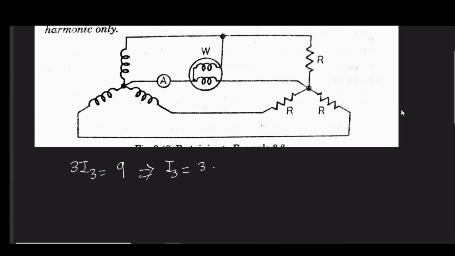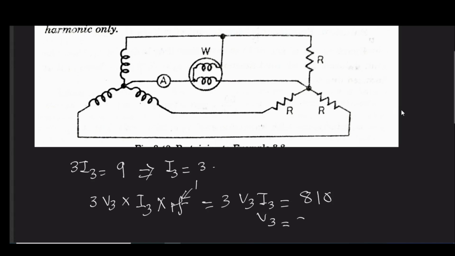Now the load is purely resistive, therefore what we know is that the third harmonic voltage cannot interact with the fundamental harmonic component, so the power will be 3V3 into I3 into the power factor. Now what is the power factor? Since this load is resistive, the power factor will be 1, so 3V3 I3 is equal to 810.